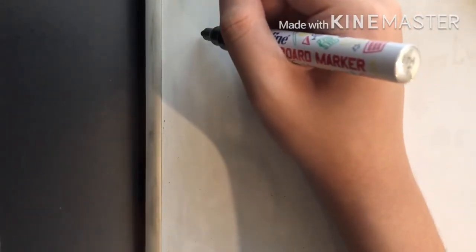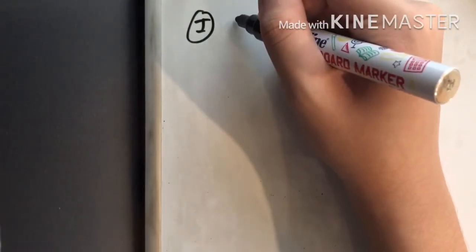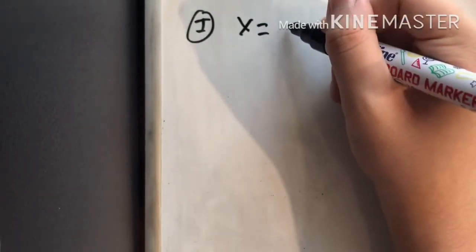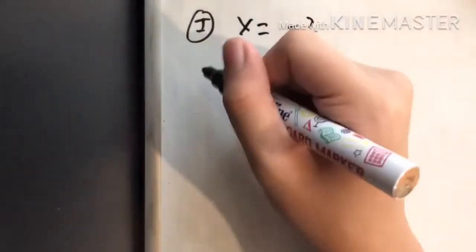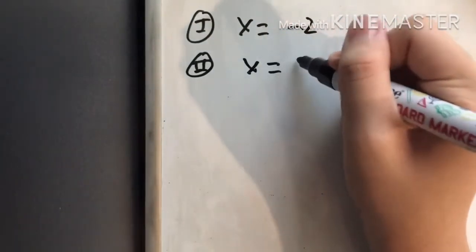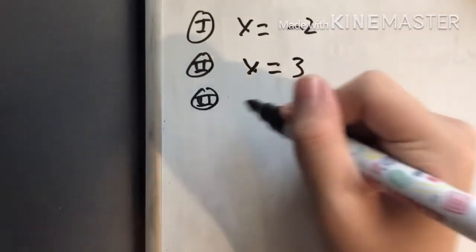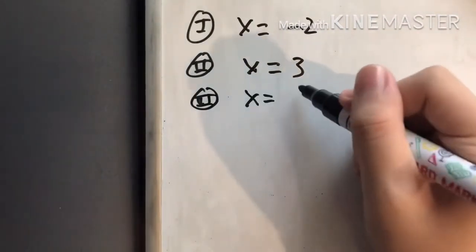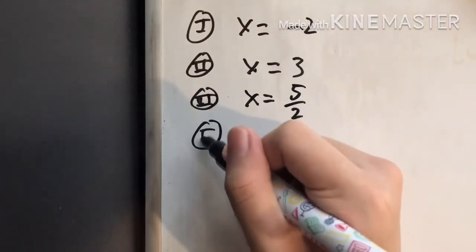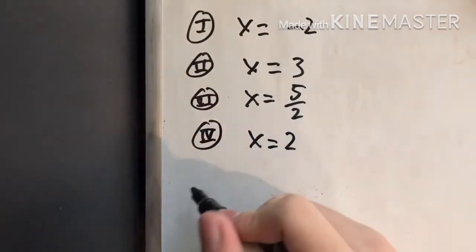So if we put all the x together, in the first condition, the x is negative 2, and in the second condition, the x is positive 3. For the third condition, the x is equal to 5 over 2, and in the fourth condition, the x is equal to positive 2.